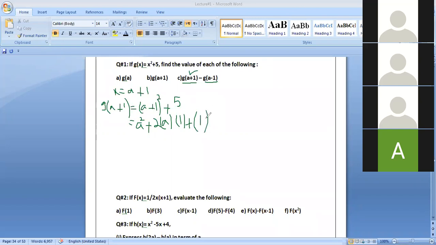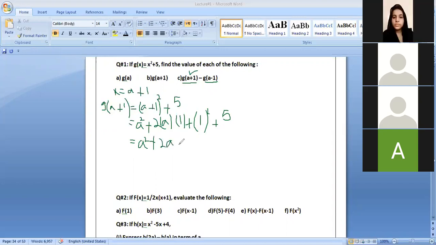Then b square, and plus 5 as it is, because 5 is a constant term and no power is applying on it. It becomes a square, 2a times 1 is 2a, and the square of 1 is 1, and 1 plus 5 is 6.